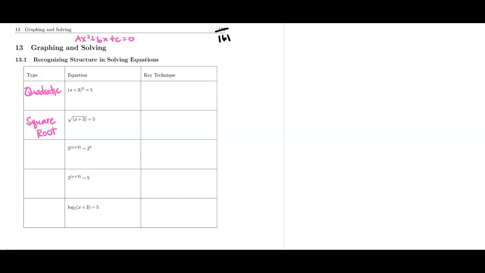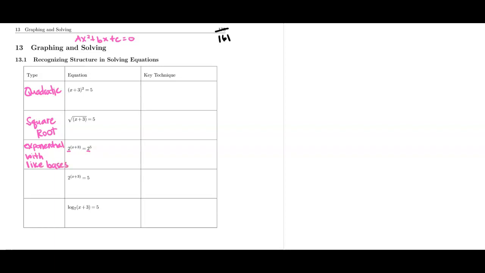Now notice this one, we have 2 to the something power equals 2 to the something power. When we have powers like that, that is exponential, but let's be a little more specific because we'll notice on this one that we do have the same bases. The way that we solve those when they have the same bases is a little bit different. So let's say exponential with like bases.